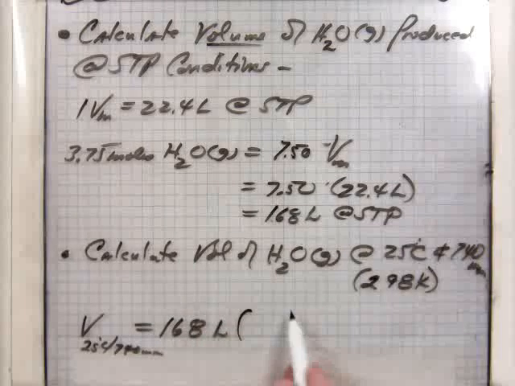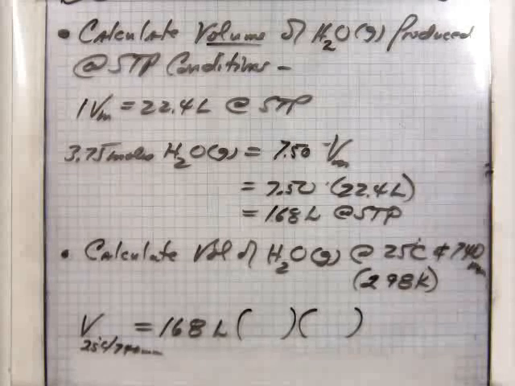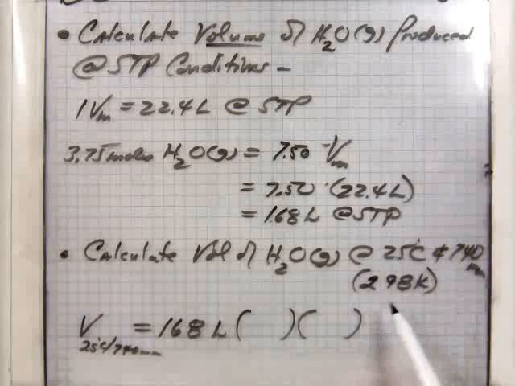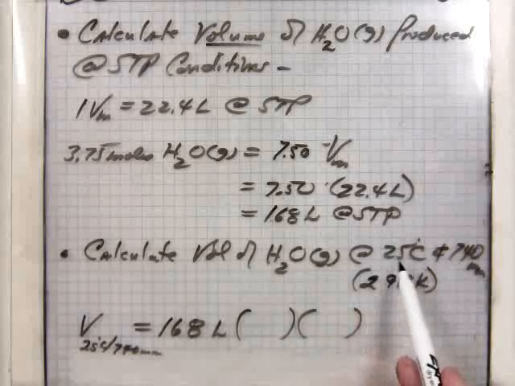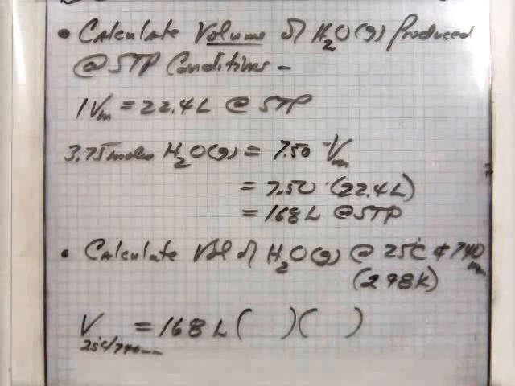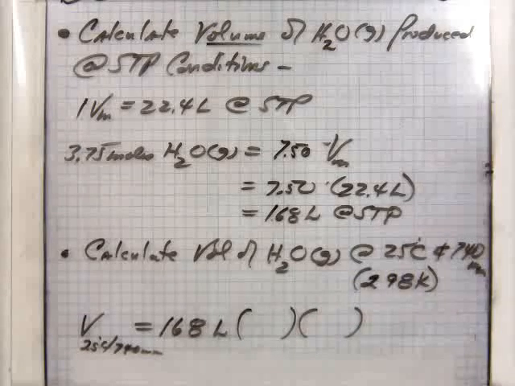So we really have two ratios, standard to new conditions. So that ratio, say the temperature factor, okay, what have we done here between 0 degrees and going to 25? Well, that's obviously an increase in temperature. Well, what's the gas going to do volume-wise? It's going to increase.